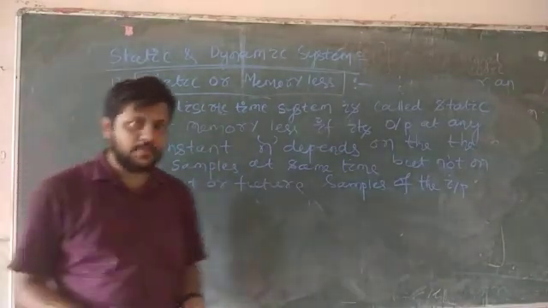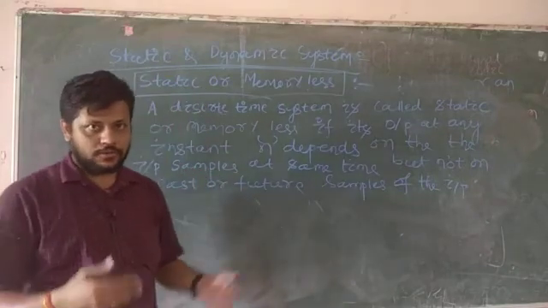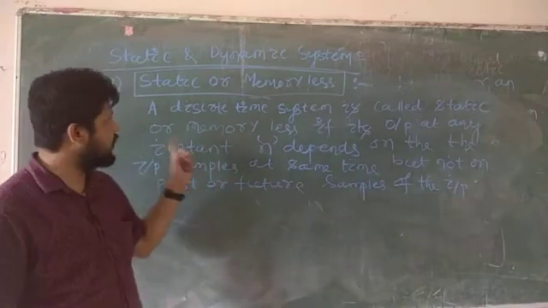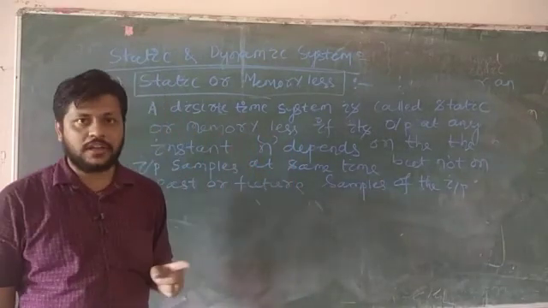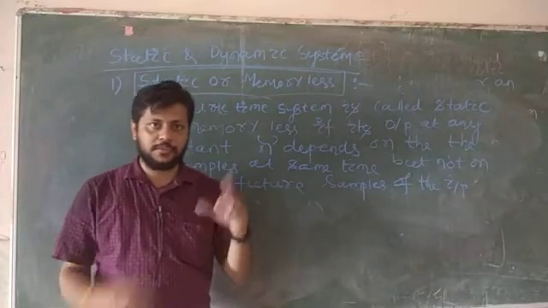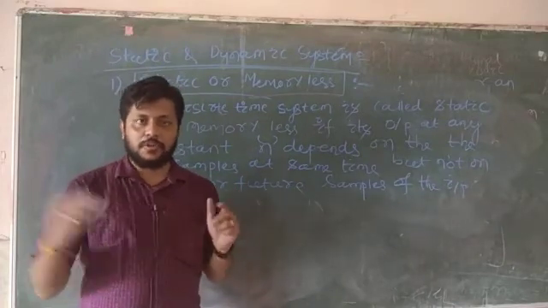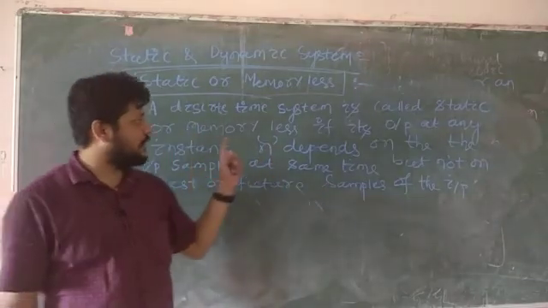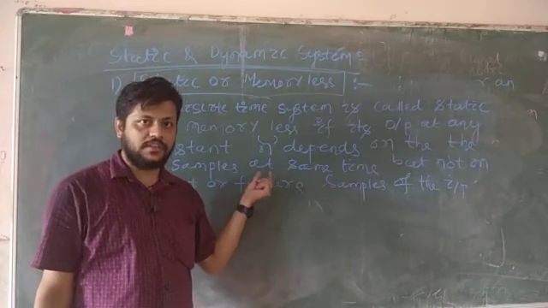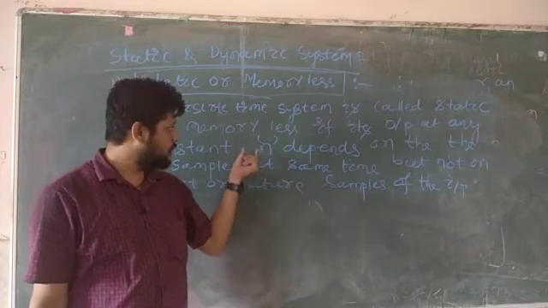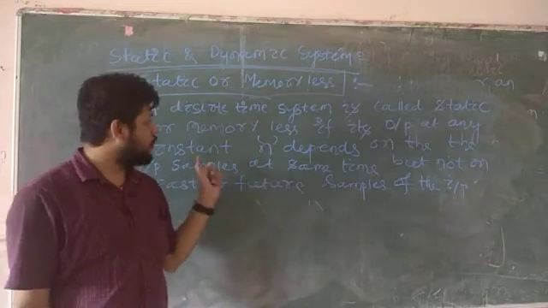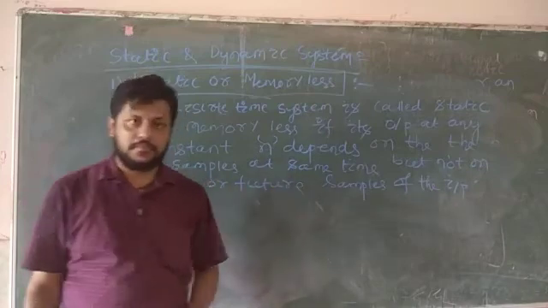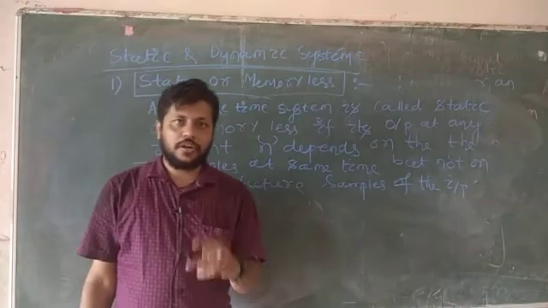A discrete time system is called static or memoryless if its output y(n), where the output is denoted as y(n) and the input as x(n), at any instant n depends on the input sample at the same time only. Here n denotes discrete time, and it is always an integer.